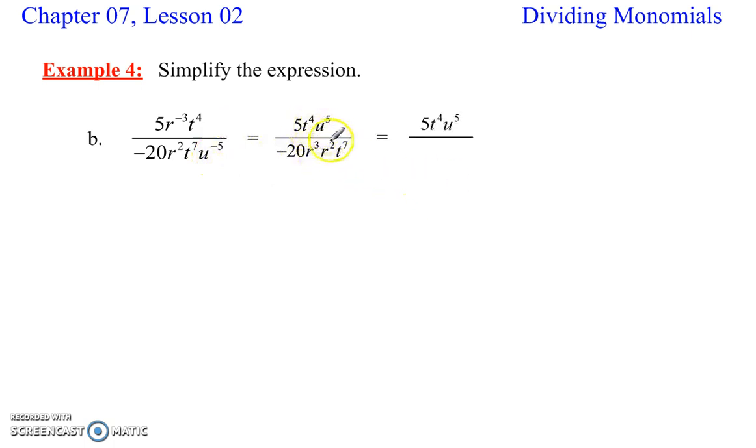And then simplify, we can cancel out some of the t's here. And simplify 5 over 20 is 1 over 4. And after canceling out the t's, I'm left with 3 in the denominator. There we go.